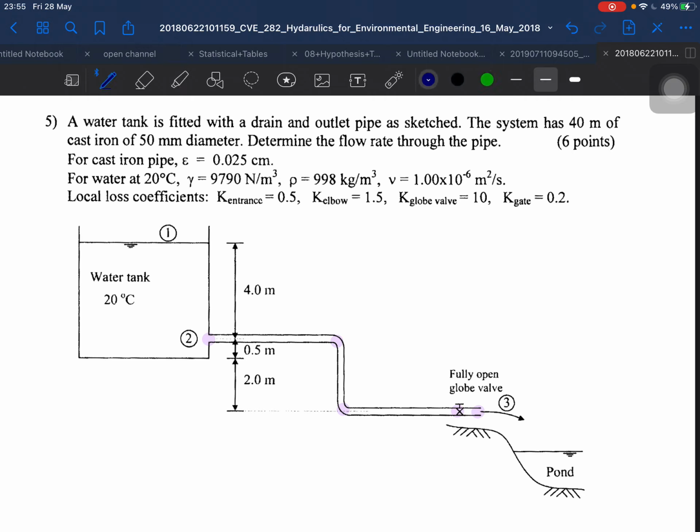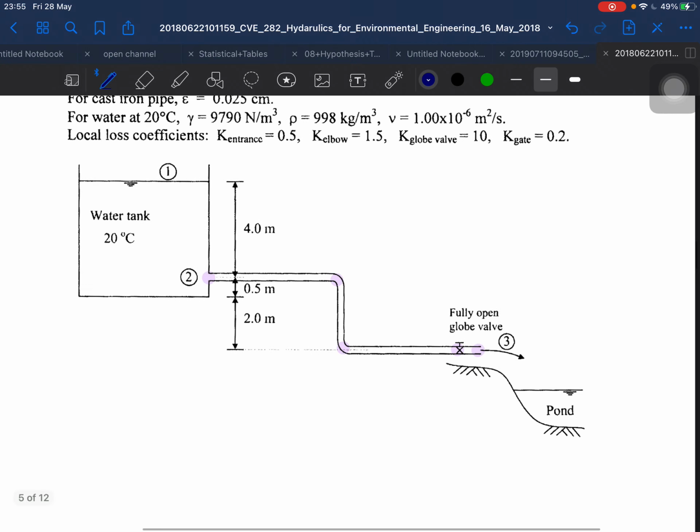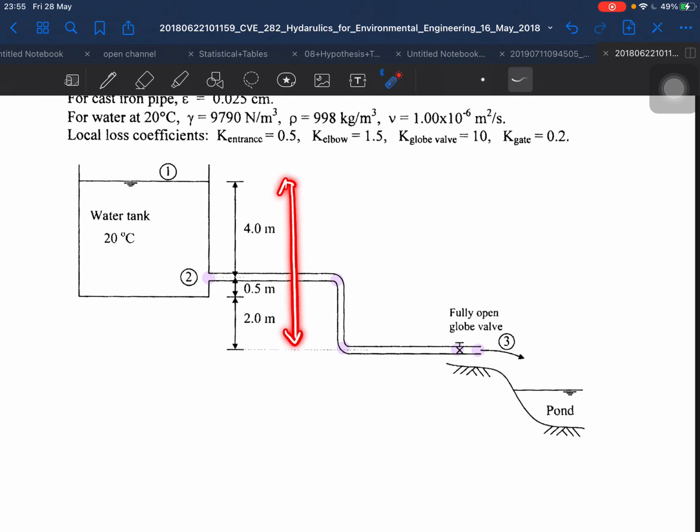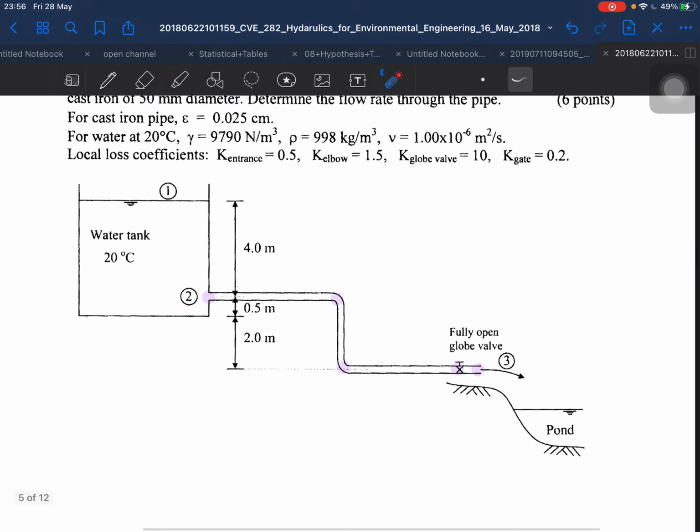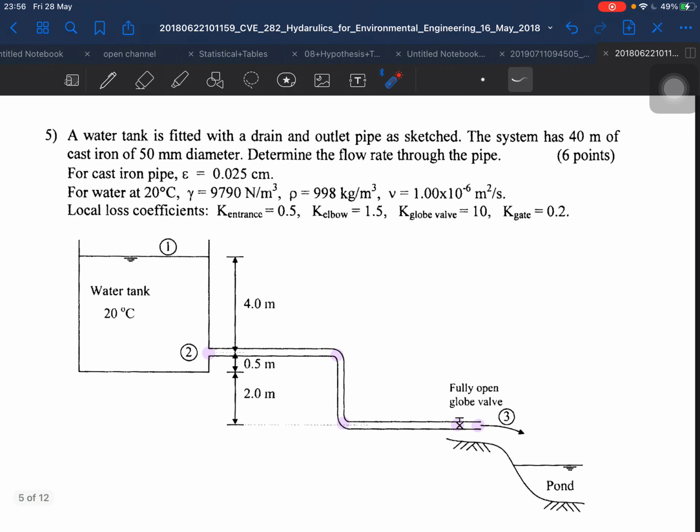There's no contraction, there's no sudden enlargement, and then we have this delta z equal to 6.5 meter because the surface is this open surface. I think this 2 is just, don't worry about this 2. Yeah, 50, 0.05, near to the 5/4, so everything is the same.